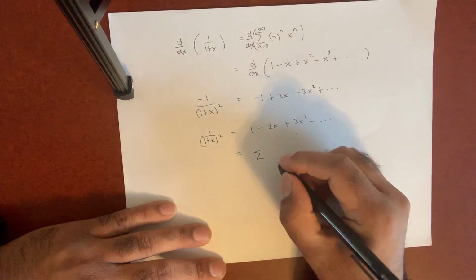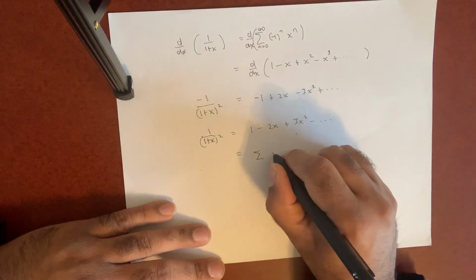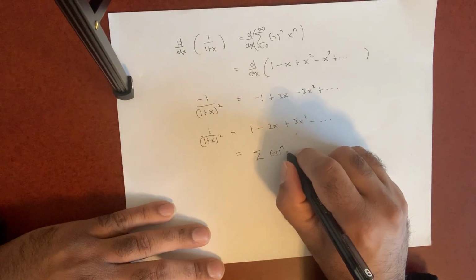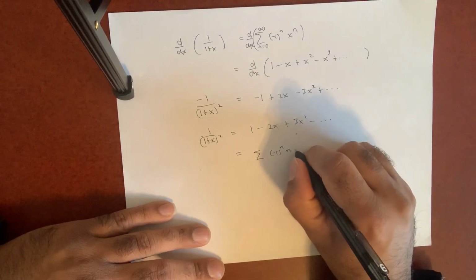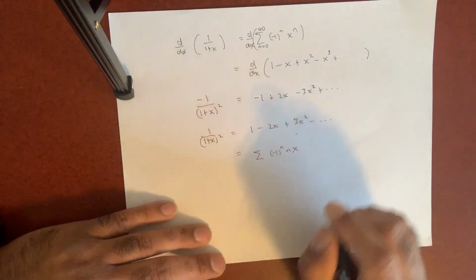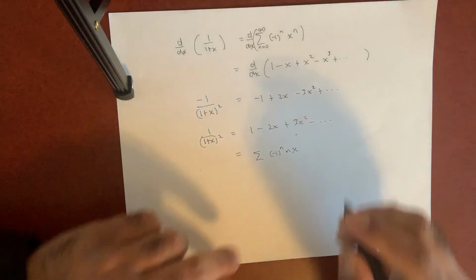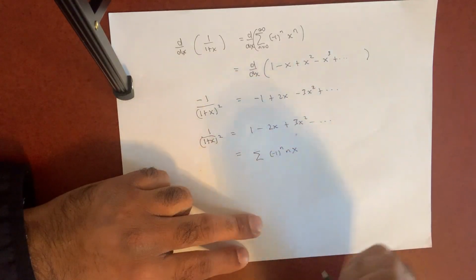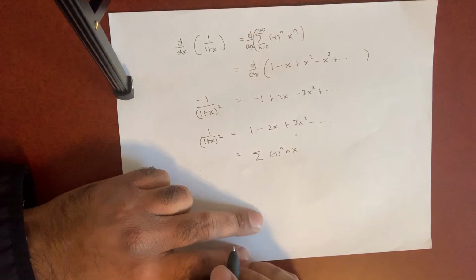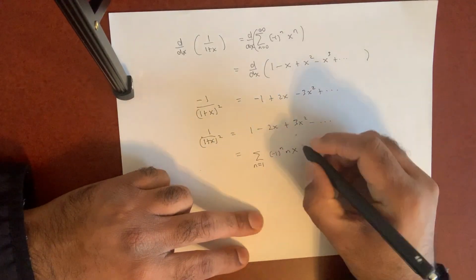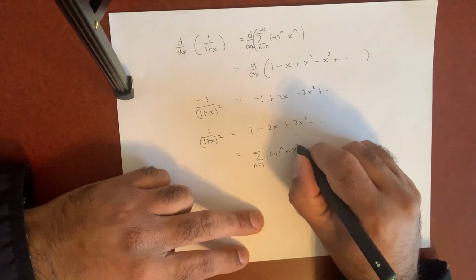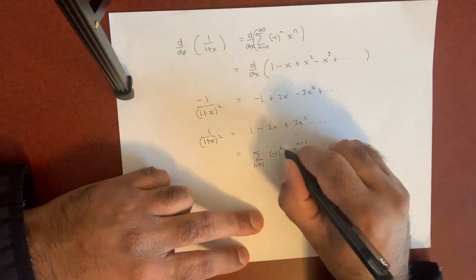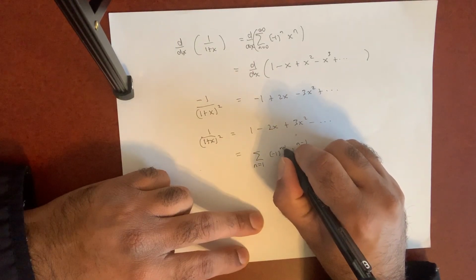So 1 over (1 plus x) quantity squared, if we want to write it in a single summation notation, we can write it as (-1) to the n, and then we'll need n times x to the, let's see, for this one we're going to need to start at n equals 1, so we'll have n minus 1 here, and this I guess should be n minus 1 as well.